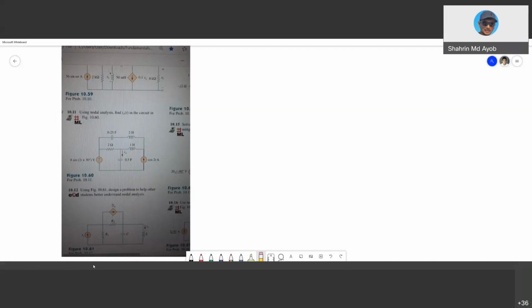Right now, the sources given are one sine and one cos. So I need to convert the sine into cos, or vice versa. It's up to you, but for the standard, we convert the sine into cos.